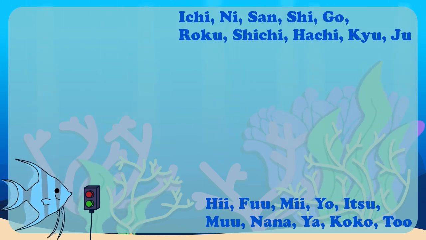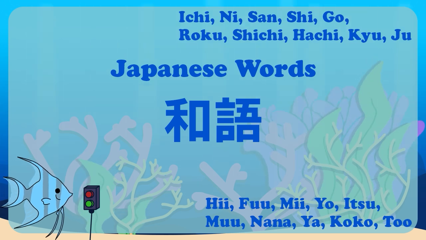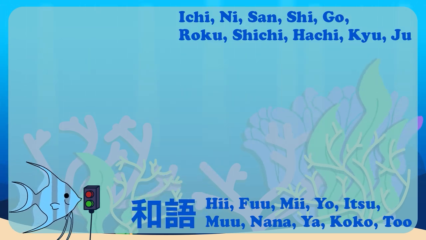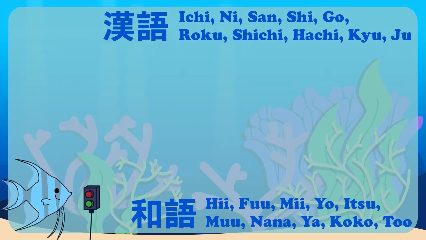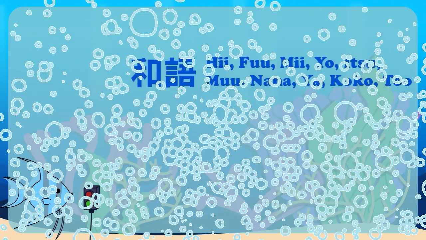This way of saying the numbers is classified as wago, meaning Japanese words, compared to the other way of saying numbers, which is classified as kango, meaning Chinese words. Basically, wago is the word originally used in Japan, and kango is based off Chinese words that has been altered to fit the Japanese language.